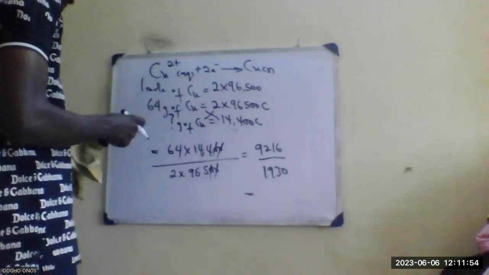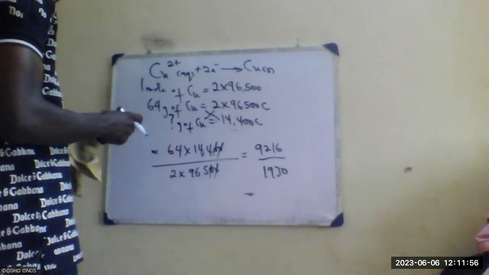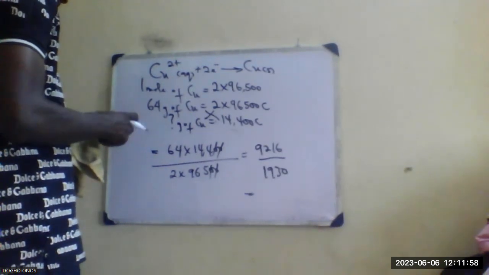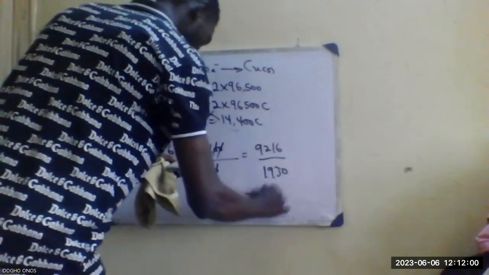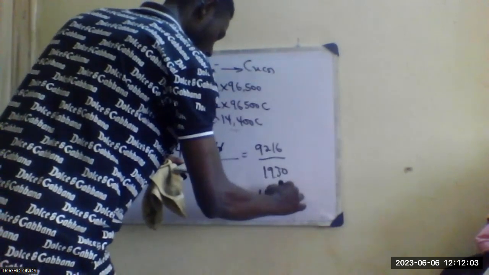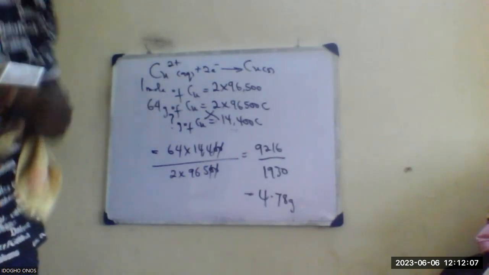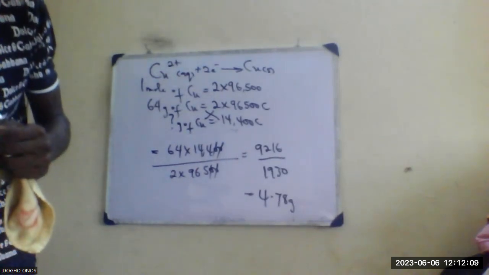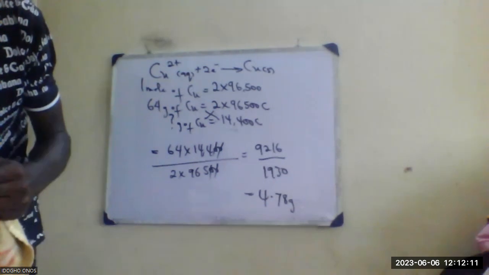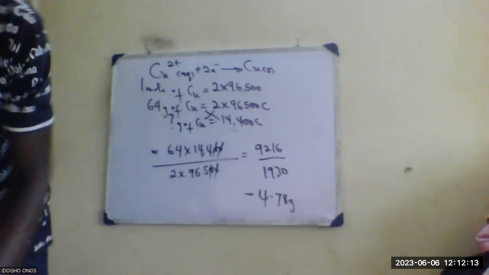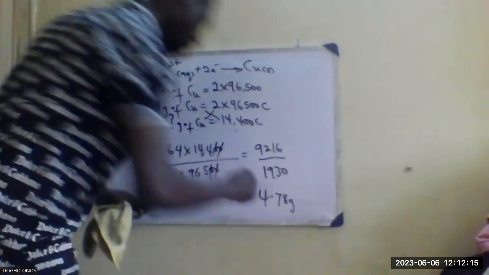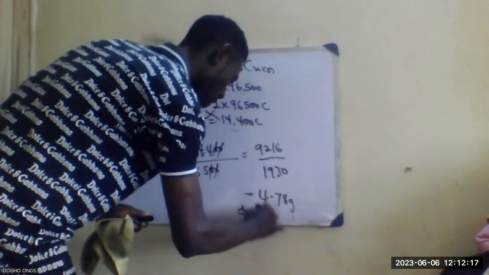So 9216 divided by 1930 is 4.78 grams. Going by your options, the options are to 1 decimal place, which is 4.8 grams. So your answer becomes 4.8 grams.